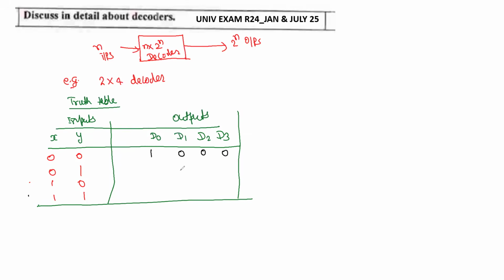Again when 0 1, here you can see the suffix D1. 0 1 is 1. So this is the 1, remaining are 0. Next 1 0 is what? 2. D2 is 1. Remaining are 0. 1 1 is 3. So D3 is 1. Remaining are 0. So here what you are seeing is that the diagonal elements are 1. Okay. Remaining are 0.